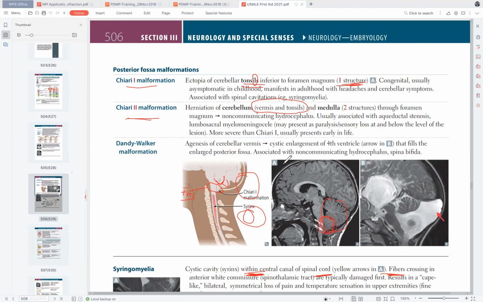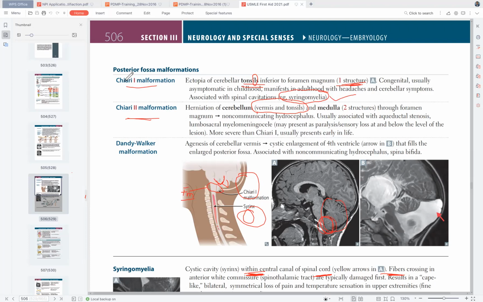So what you want to know, that they love to ask, is the associations. Very important, the associations here. UWorld or the NBME will let you know that the patient has Chiari 1, then they'll ask you what is it associated with, or you have to diagnose that the patient has Chiari 1 from your imaging.